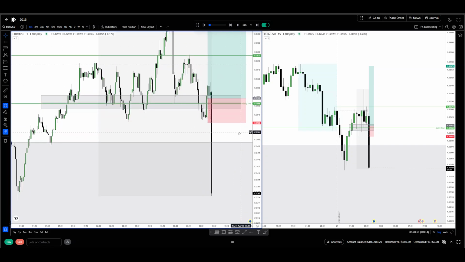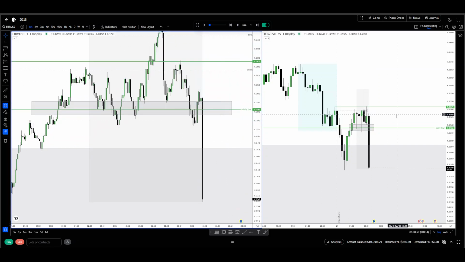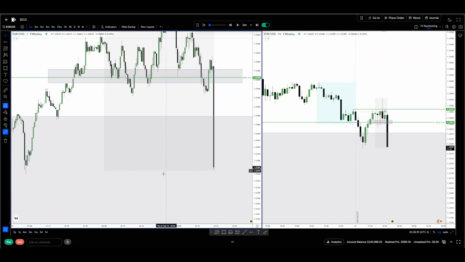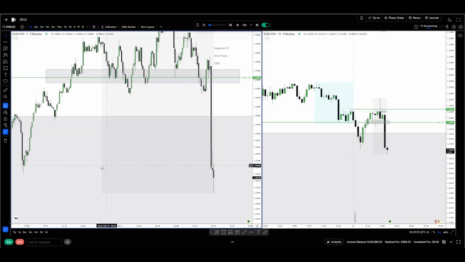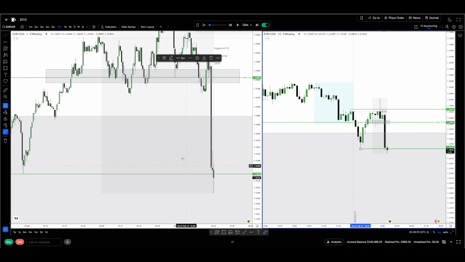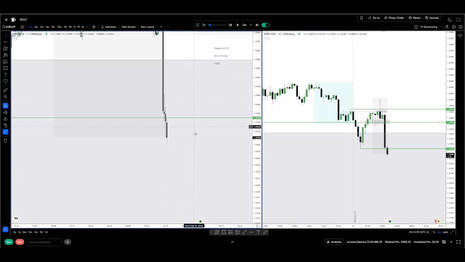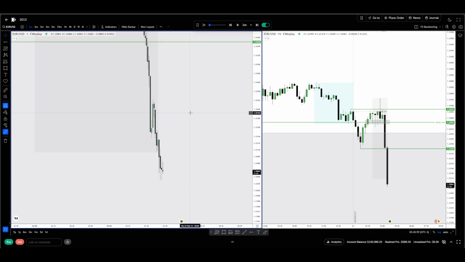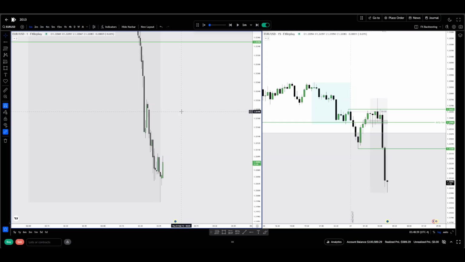Whoa. And I got stopped out. So price was not done inside this area yet. So now we took out this low. Oh, that's not working. Need to do this. Okay, so it really wants to.